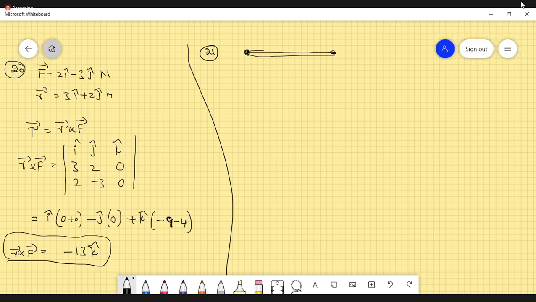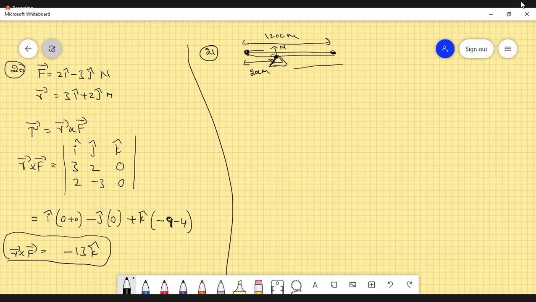Total distance is 120 centimeter. So from the load, then what is the fulcrum? Fulcrum means we suspend it here only. That is called the fulcrum. So then normal force will be acting in upward direction here. So this distance is 20 centimeter.